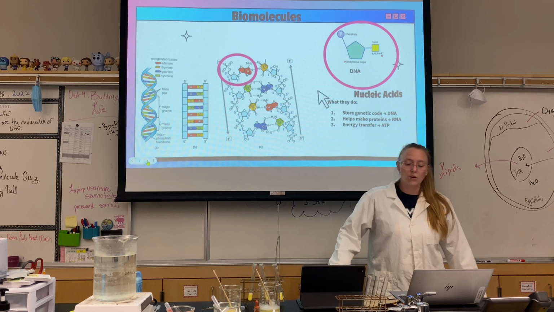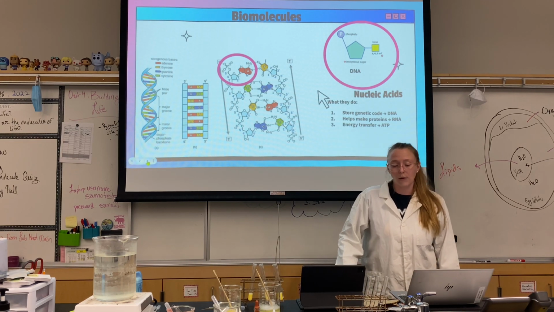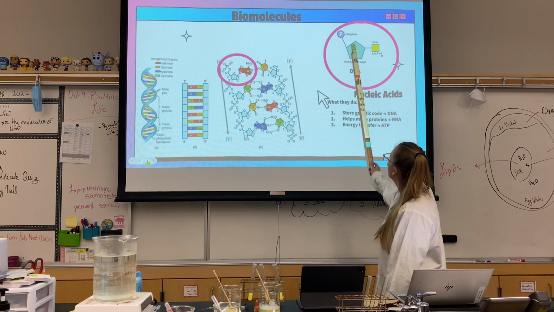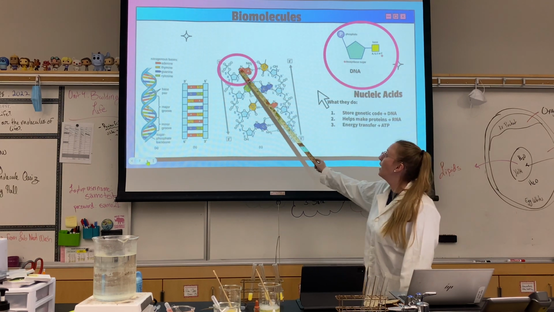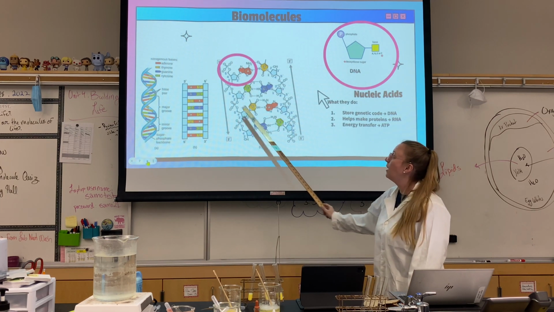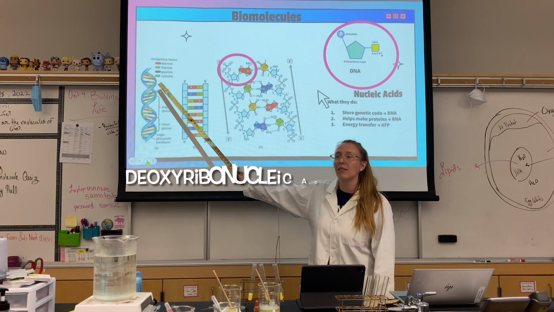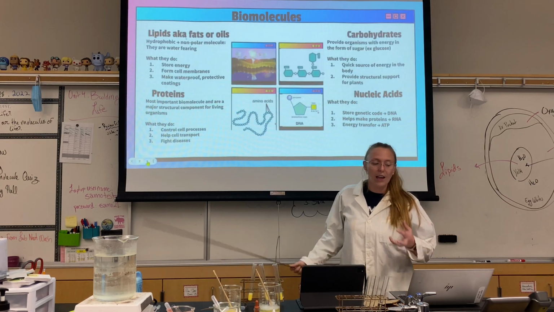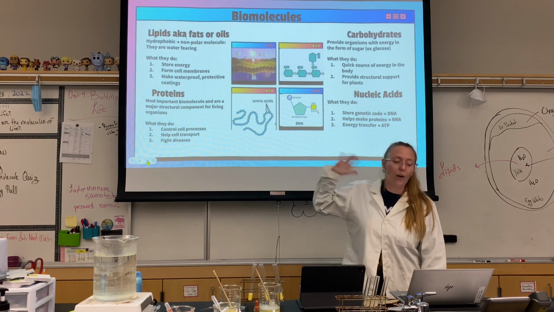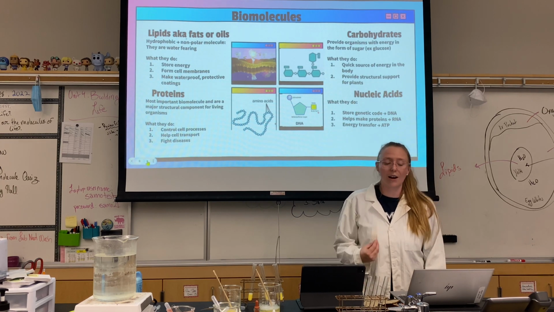And they're also involved with energy transfer with something called ATP. They make this repeating chain that makes up the double helix of our DNA, or deoxyribonucleic acid. So that is a very fast review of all of our biomolecules that are important for life.